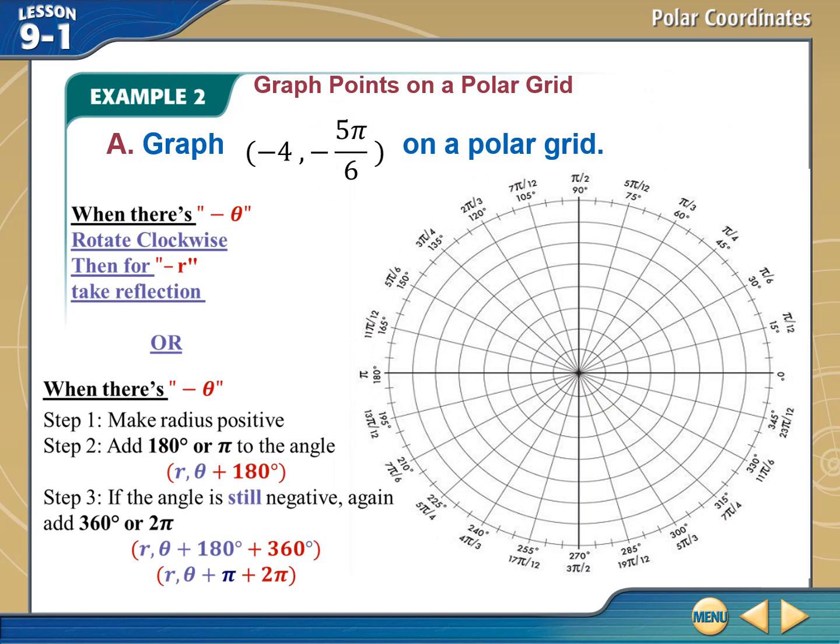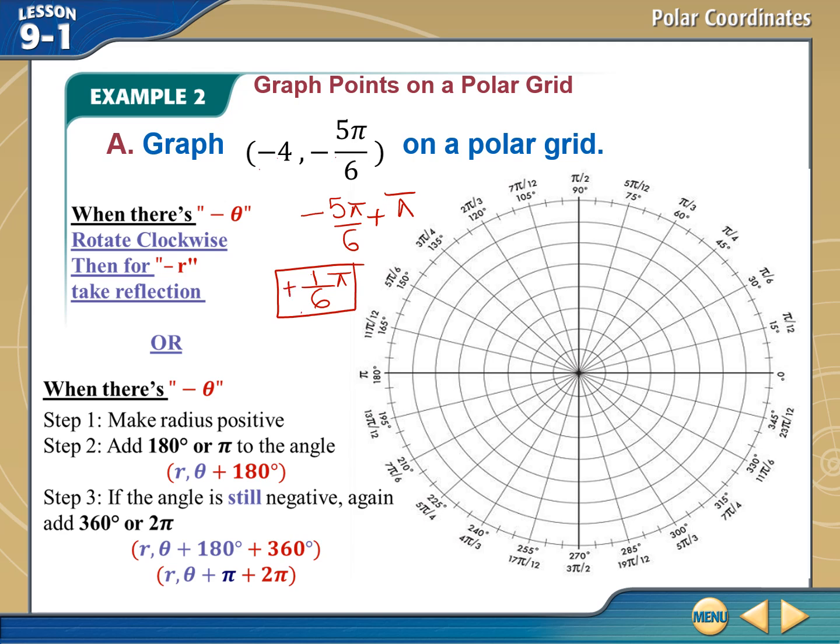Let's see this one. Okay, negative 4, negative 5 pi by 6. What I told you is that whenever both are negative, in the theta you add the pi first if it is in radian measure. So 6 minus 5 gives us 1 over 6 pi, or pi over 6. That's all. You have a positive answer, right?